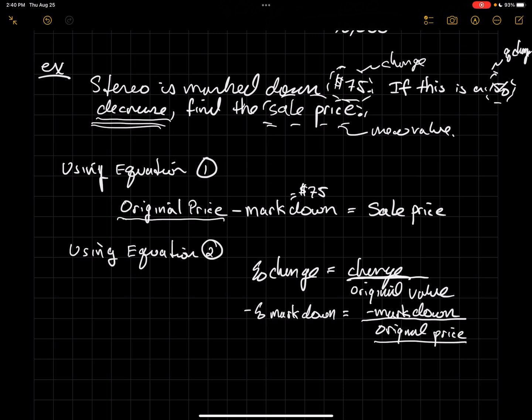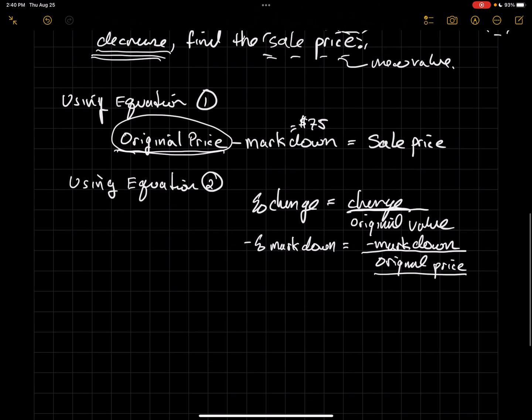So it's to our benefit if we can eliminate this variable, original price, from our equation. And we can do that by manipulating equation 2 such that we can substitute the result of equation 2 into original price for equation 1. So what do I mean by that?